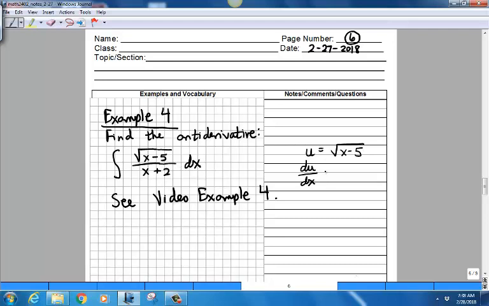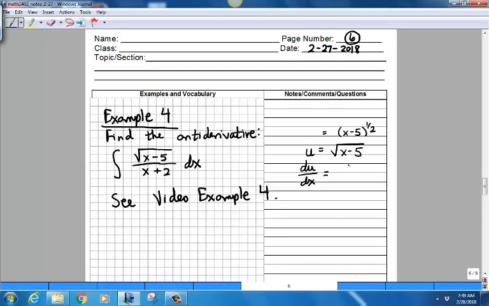When you take the derivative of u with respect to x, you have to use the power rule to do that. You have to take u and write it as x minus 5 to the 1/2 power, and then apply the power rule.